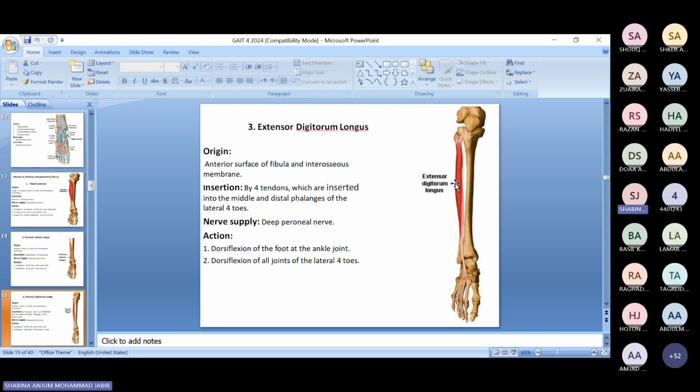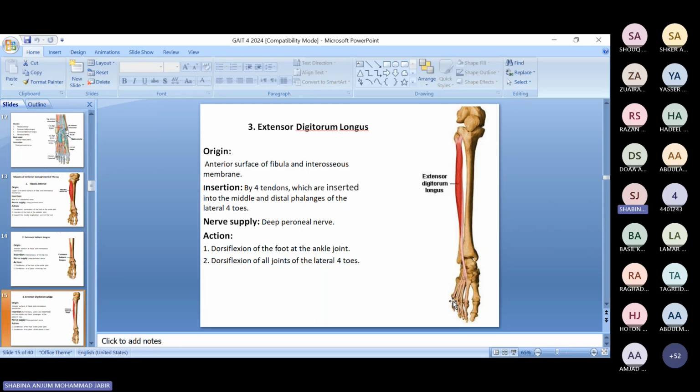Then next we have the extensor digitorum. Again it will come from the anterior surface of the fibula. Then finally it divides into four tendons, and they are inserted over the middle and distal phalanx of all the lateral four toes. I will not make you confused.